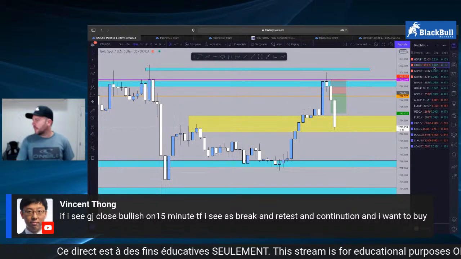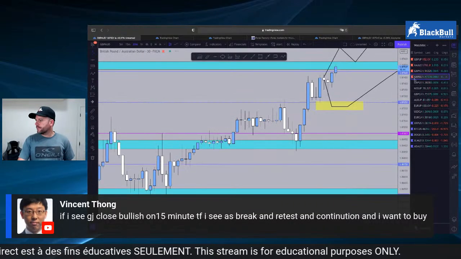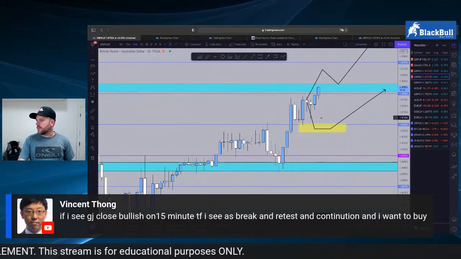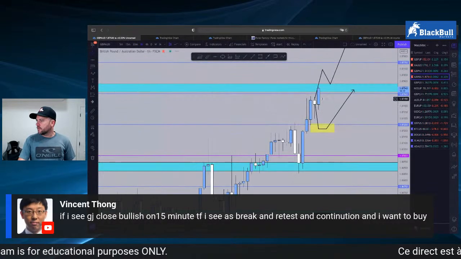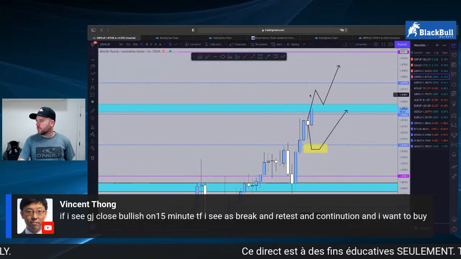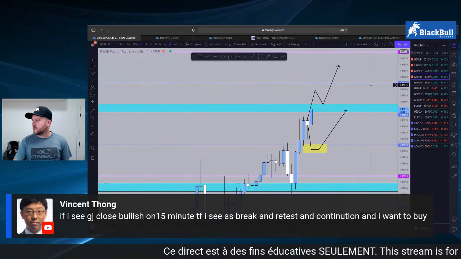Oh yeah, it was GA, Nuno. I wanted price to come down lower in this zone to push up. But if we do break this area, it's going to be a break and retest above, right?